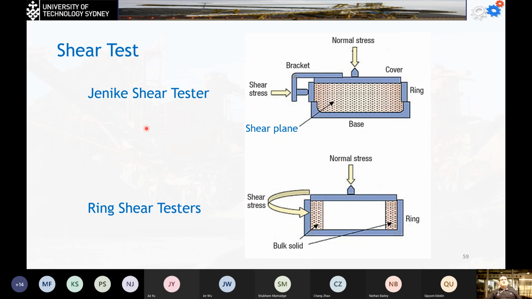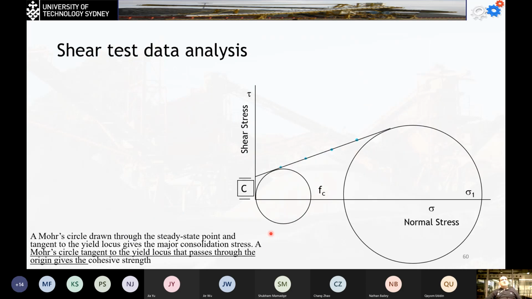Now for the shear test, once again, just to remind you, we can either have a shear plane, which is a horizontal movement, or a ring shear test that rotates the materials in another form. After getting the shear stresses and normal stresses from the test, we can sketch the Mohr circle.